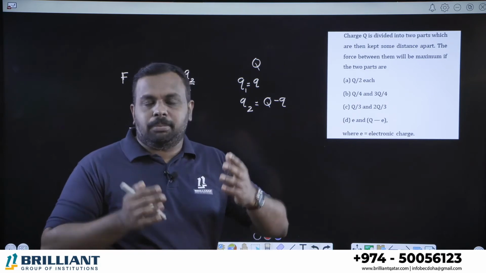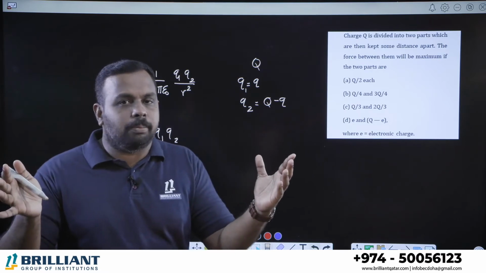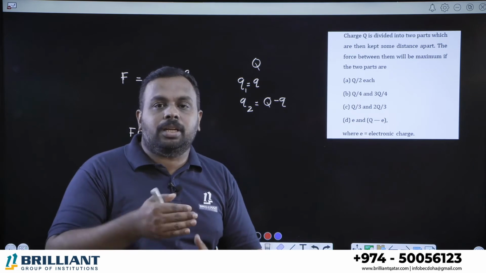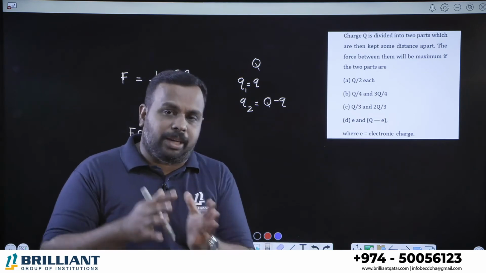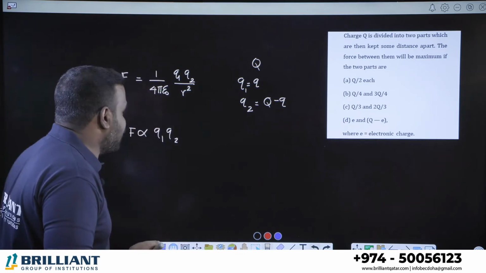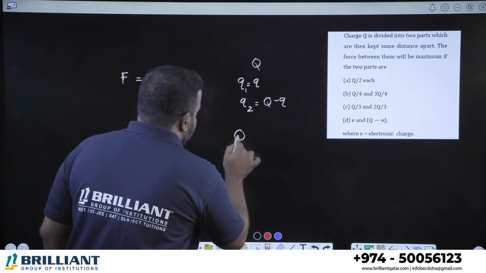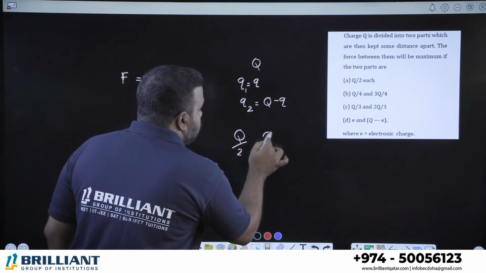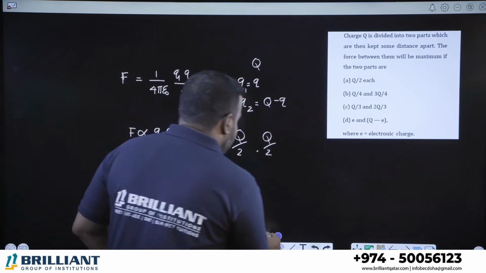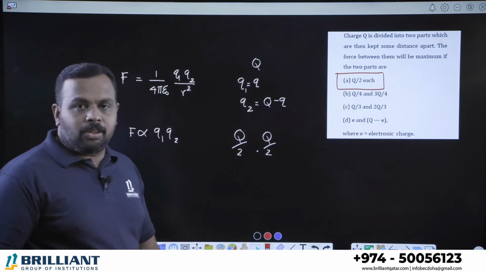So if 10 coulomb is the given charge and you divide it into 5 coulomb and 5 coulomb, the product will be 5 into 5, that is 25. You won't get that number or greater for any other division. So the force will be maximum if both the charges are equal, that is, the first is q by 2 and the other is also q by 2. Understood? So the answer for this question is q by 2 each. Alright.